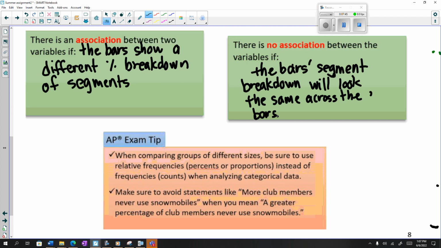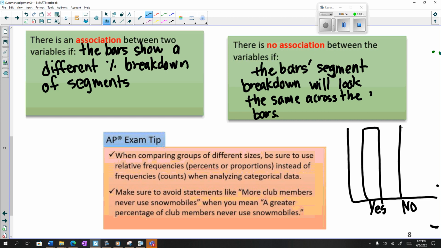I mean if you had yes and no for environmental club across the x-axis, going up to 100%, and then you had snowmobile own the same, snowmobile rent, that doesn't look the same, but the percent breakdown is the same, and snowmobile never the same.